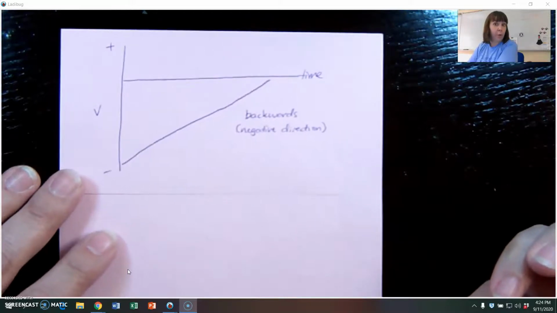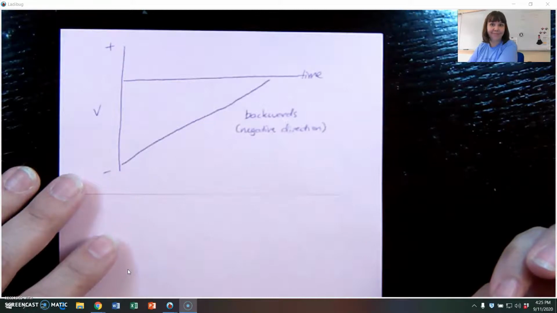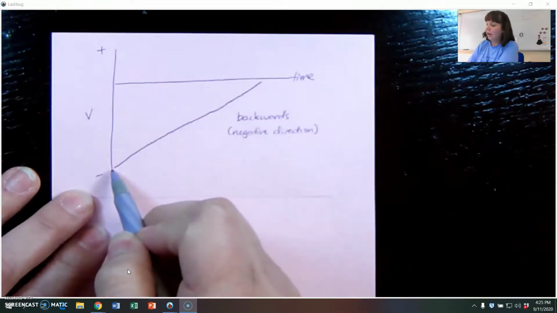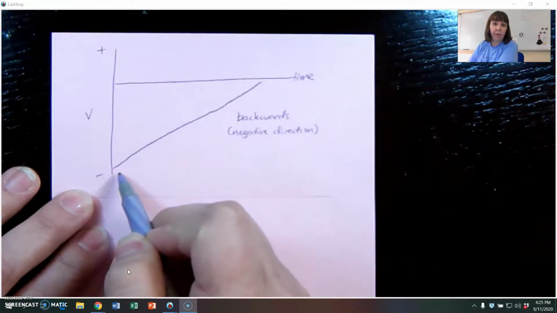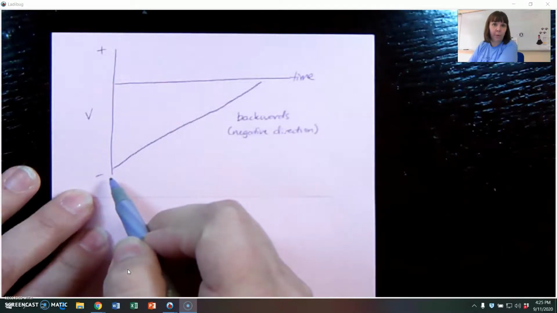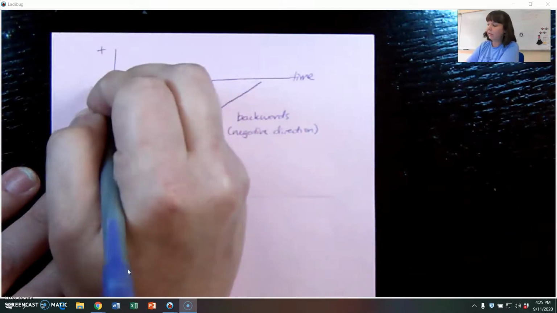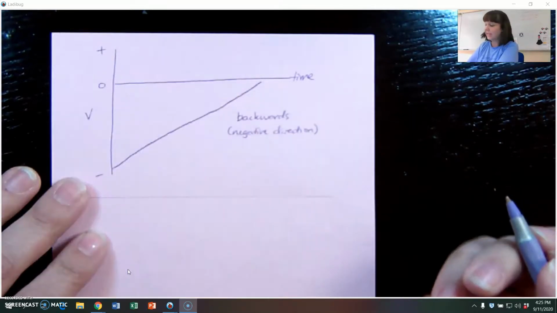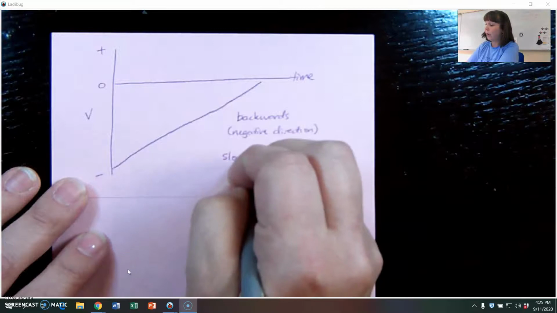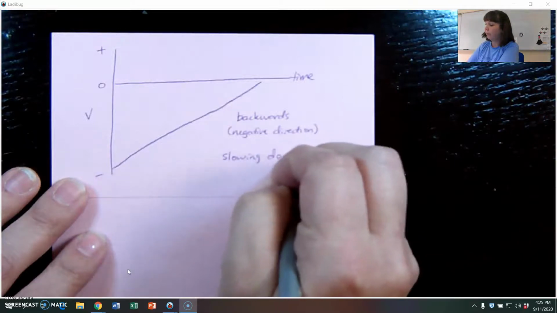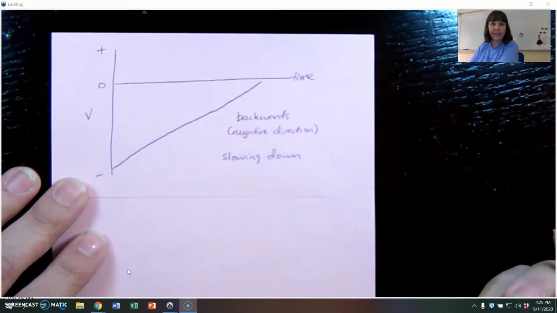Okay, so now the big question, are we speeding up or are we slowing down? Here we have a negative value. We're going a certain speed backwards, and we're getting closer and closer to what? To 0. So this is actually slowing down. Crazy, huh?